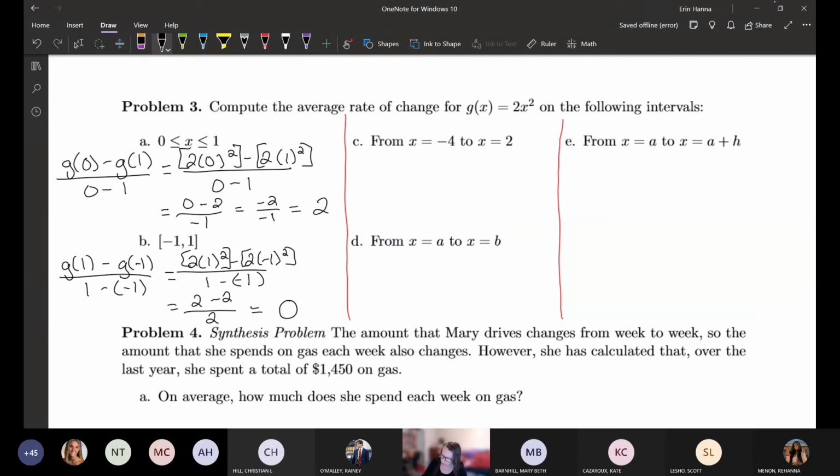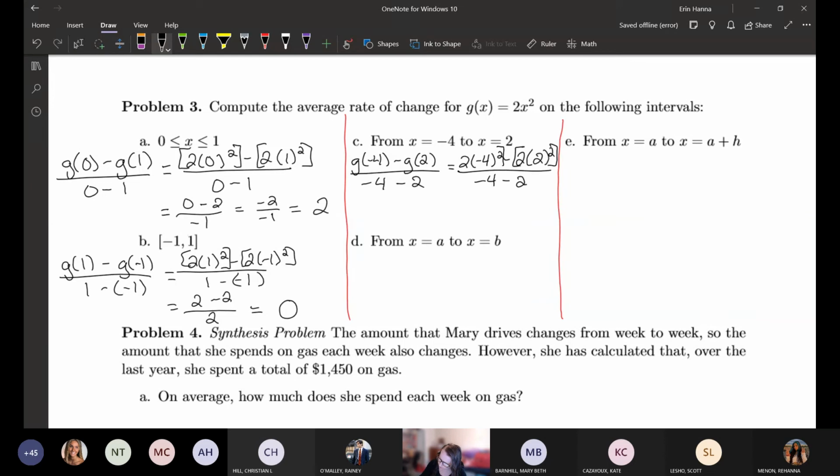And then from negative 4 to 2, same deal. And here I am putting the other one first. Again, it doesn't matter as long as you're consistent, and when I say consistent, I mean if you put g of negative 4 first, then negative 4 has to go first. So we had 2 times negative 4 squared minus 2 times 2 squared all over negative 4 minus 2.